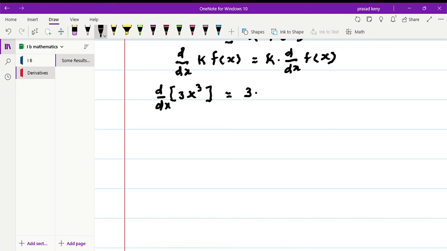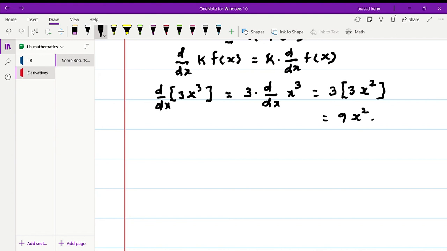So 3 into derivative of x cube, and that is 3 into, now derivative of x cube will be 3 x to power 3 minus 1, that is 3x square. So finally the derivative will be 9x square.